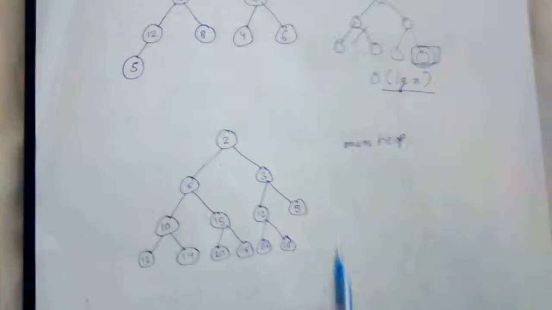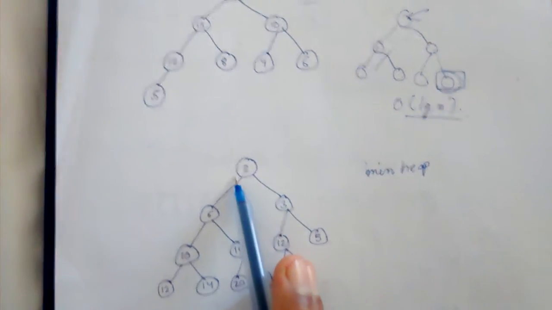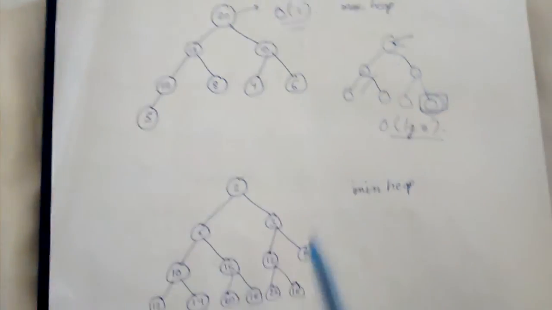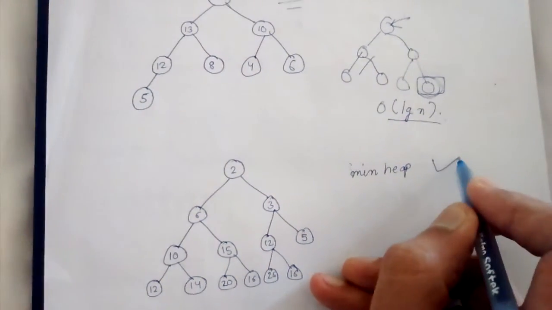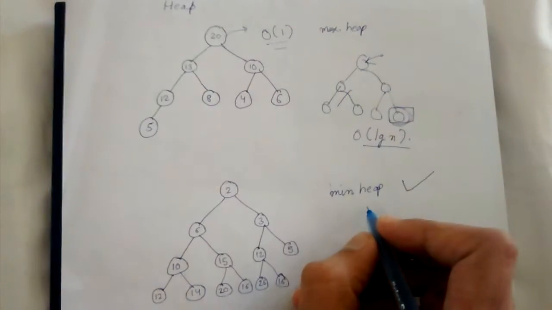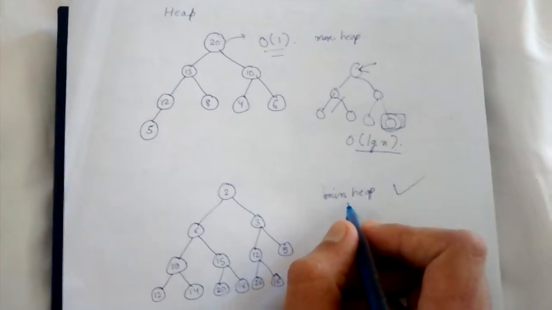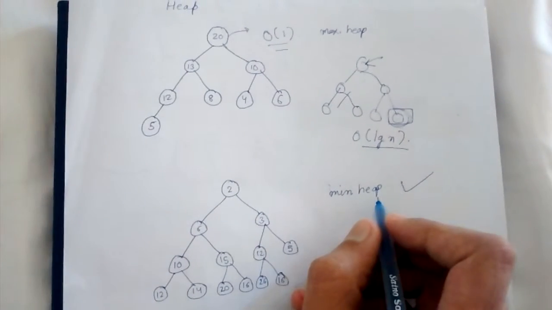And a similar reverse thing is min heap, which is used for minimum element query. Min heap is the more popular version. If somebody says I am using a heap without any prefix, then probably she is referring to a min heap.